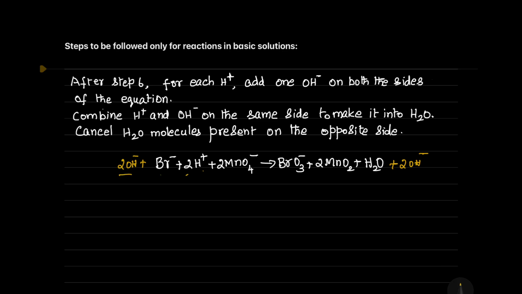Since there are 2 OH minus ions and 2 H plus ions on the left side, we can make it into 2H2O.